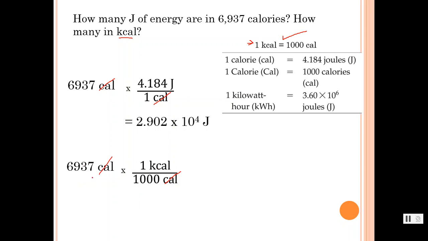And so doing that division, remembering that all numbers that are in the denominator are divided, should give you an answer of 6.937 kcals. So that's an introduction to temperature conversion, units for heat energy, and heat energy conversion.